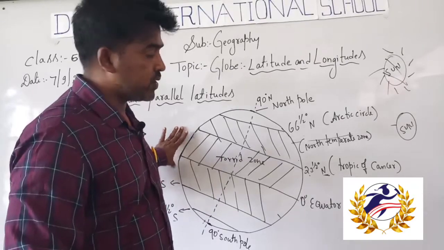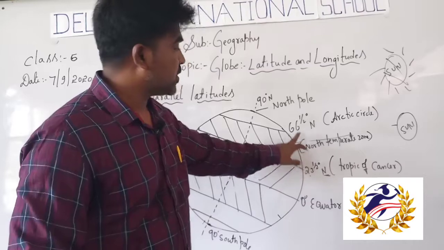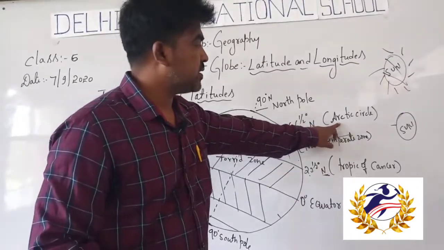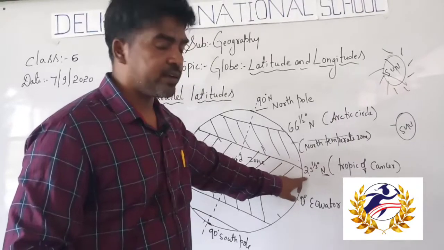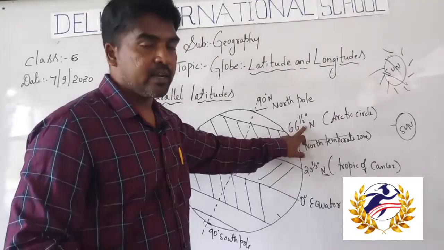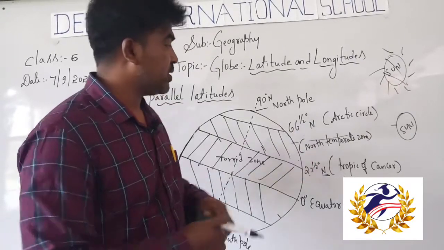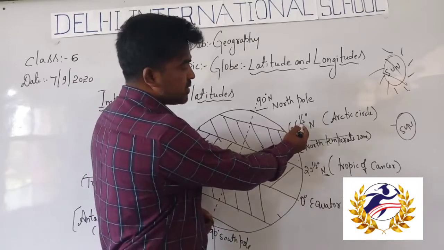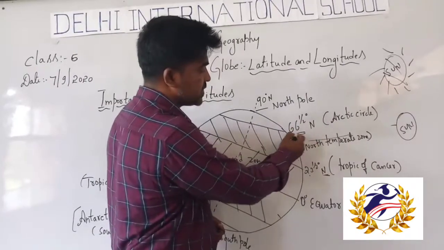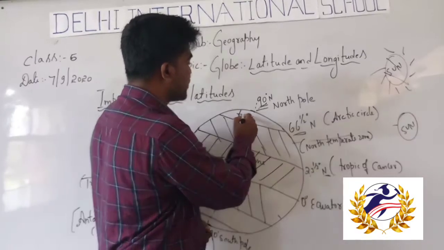From 23.5 degree north to 66.5 degree north, the Arctic Circle, is known as the temperate zone. From 66.5 degree north to 90 degree north is known as the freezed zone.